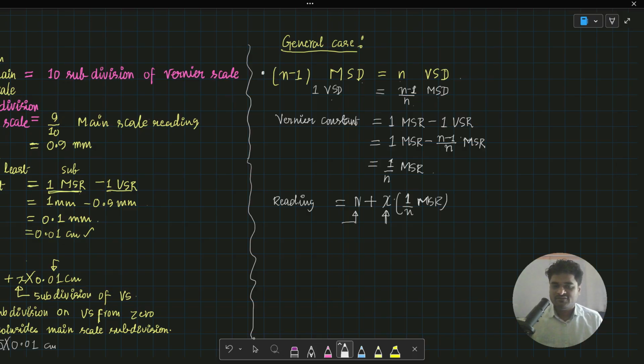We count that number and multiply it with the least count of this device or vernier constant, and we get a reading in the general case. Hopefully this is clear. We can also see that this is the case of no zero error, and we'll build up on this concept.